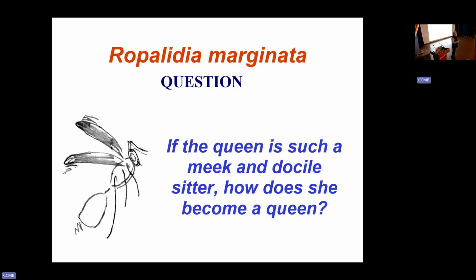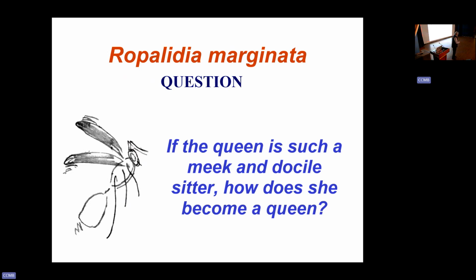Now what we need to do is study a colony in the process of somebody becoming a queen, because we want to know how does she become a queen in the first place. So that's actually easy to do. All you have to do is experiment, first study a colony, experimentally remove the queen and wait for one of the workers to become the queen and see how this process happens. That will help us to answer this question.